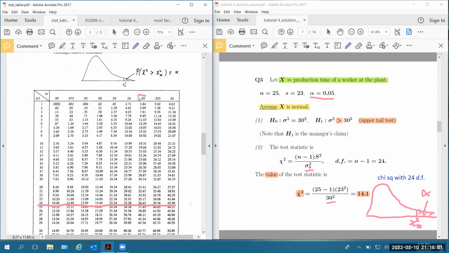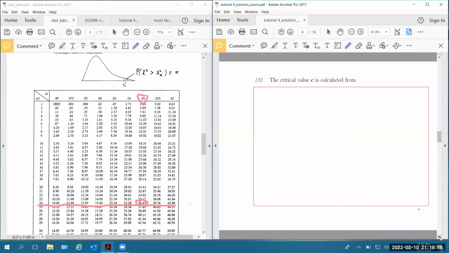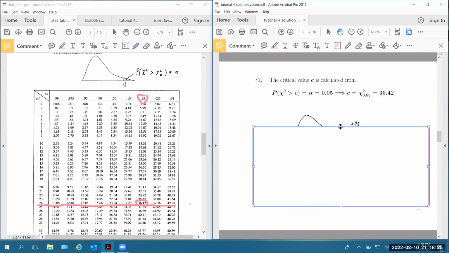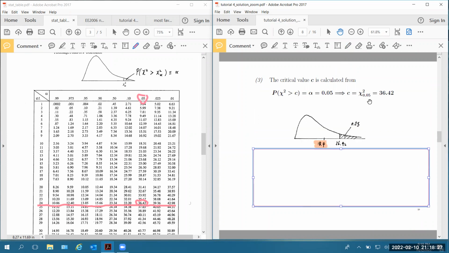You see alpha 0.05 here. Everybody can see? So this is the number, 36.42. Let's go to the next page to see. Yes, you really get this number here, 36.42.